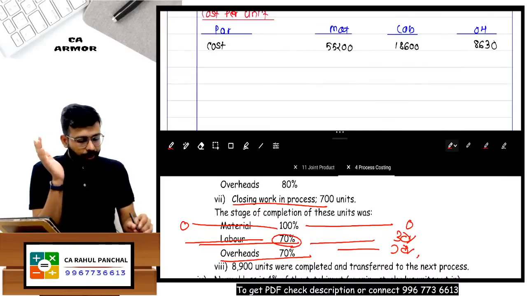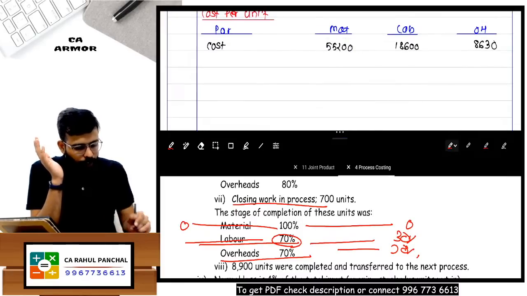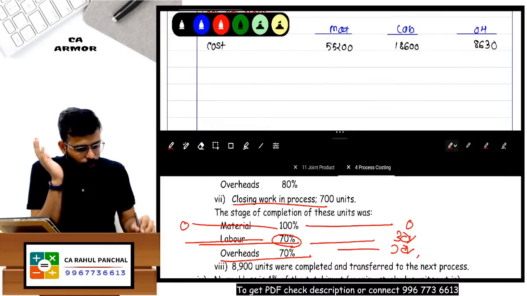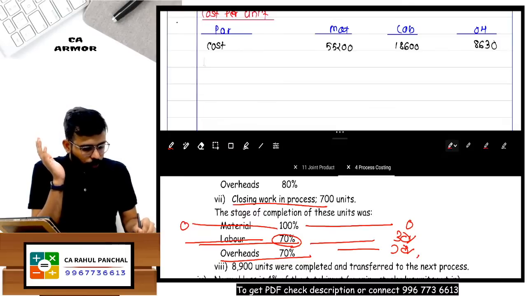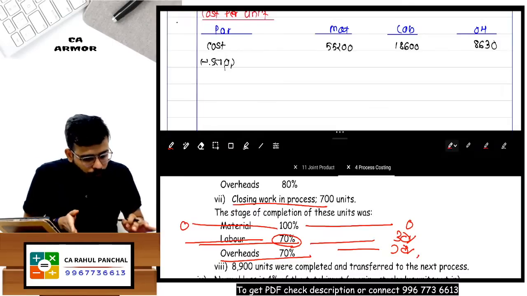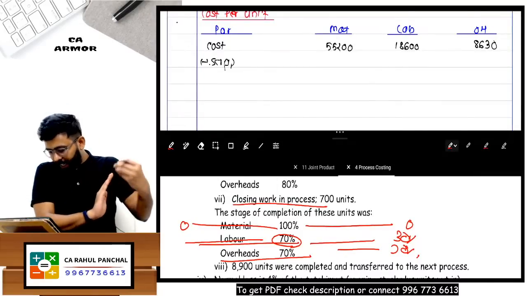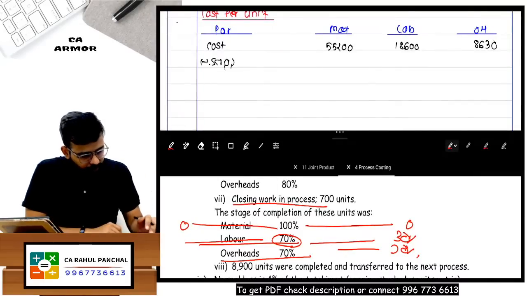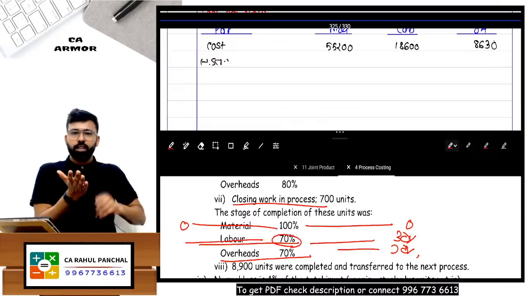For material, I recommend you should always subtract scrap, and then you will get the net cost.